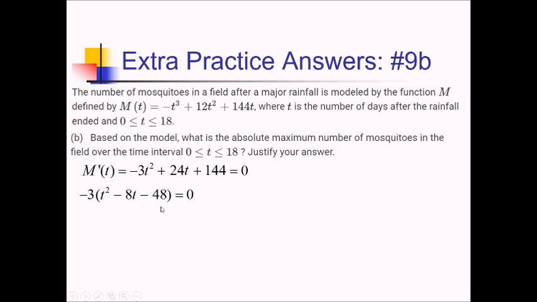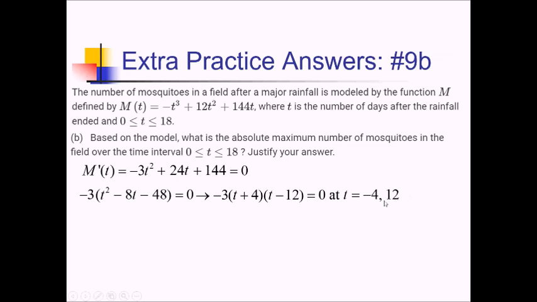So let's see here. 2 and 24 doesn't work. 4 and 12 could work. How about t plus 4 and t minus 12? There we go. So this is going to equal 0 at times negative 4 and 12. So those are our critical values.